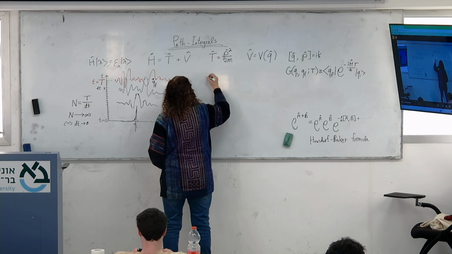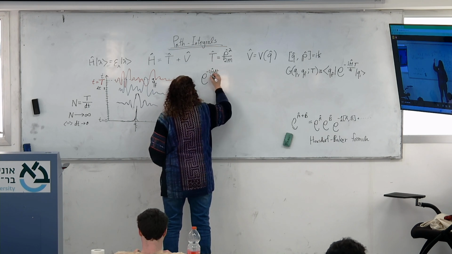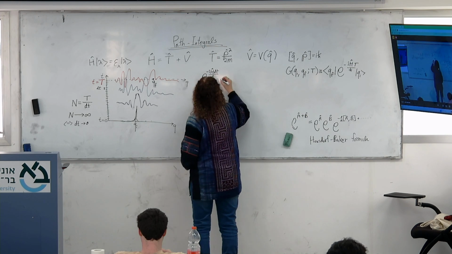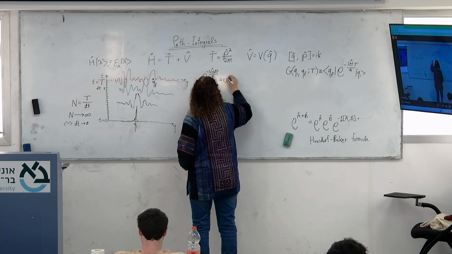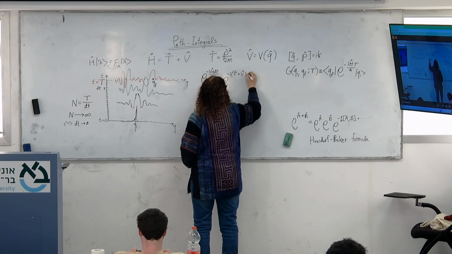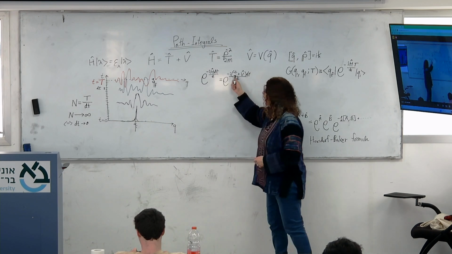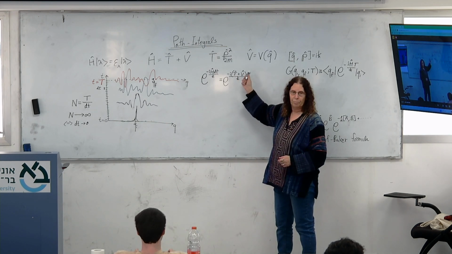So now let's write what is e to the minus i H dt over h-bar. It is e to the minus i (T plus V) dt, and T and V do not commute.